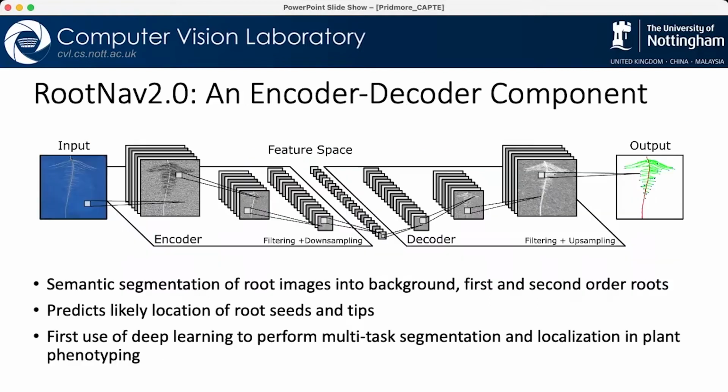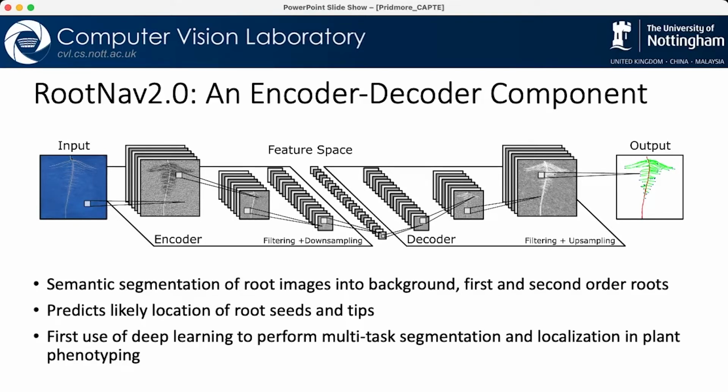So we took this idea and applied it to RootNav to produce RootNav 2. This is a schematic of our network. It's pretty much the same as a standard encoder-decoder. It takes images of roots grown on blue paper, and it produces an output image in which each pixel is labelled by what it is. Okay?